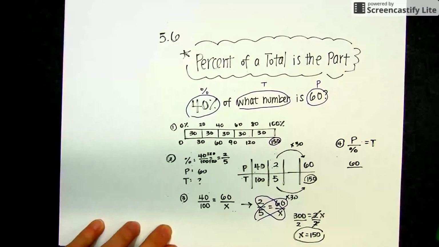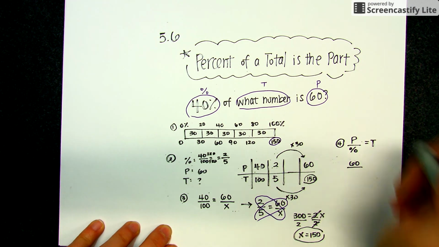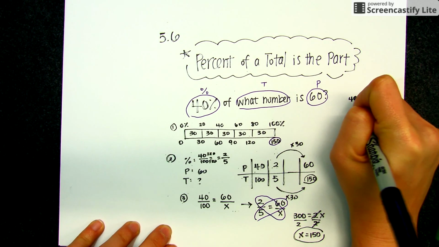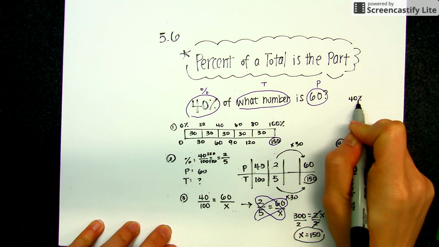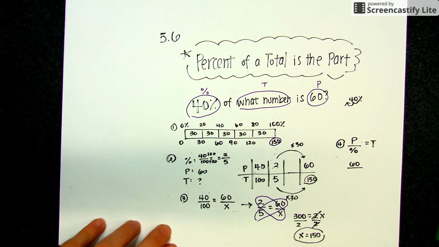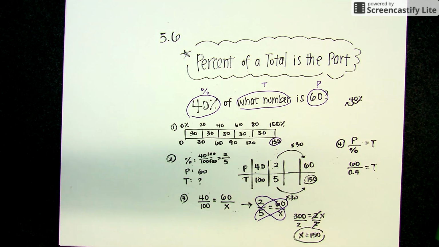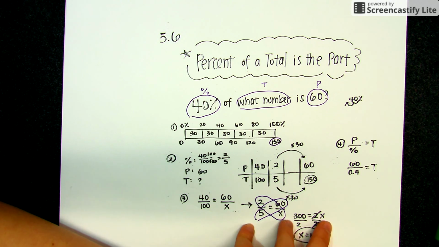P is 60. Percent is either 40 over 100, or you can keep it as a decimal. For this method, I'm going to make it a decimal. Hopefully you know how to change percent to decimal: you move the decimal 2 places to the left, so 40% is 0.4 equals T.